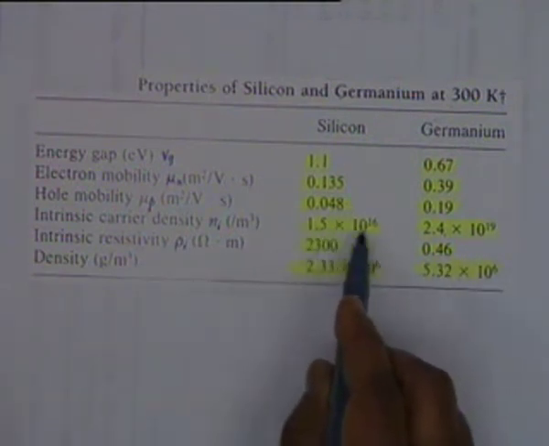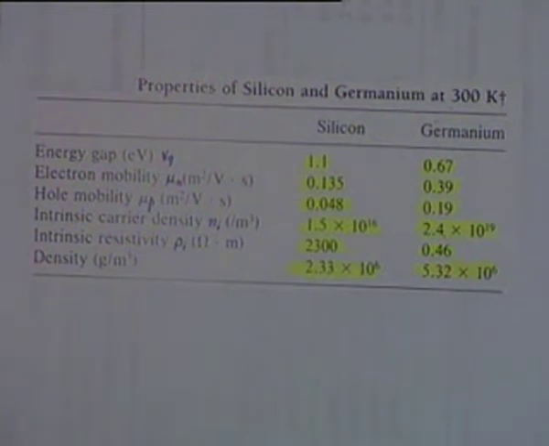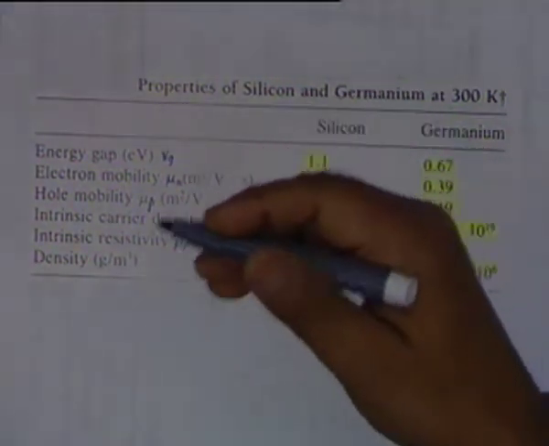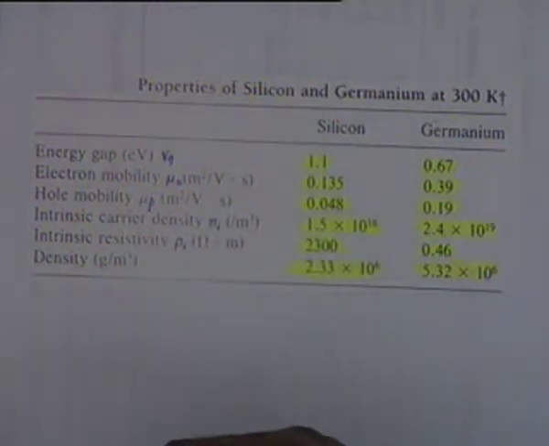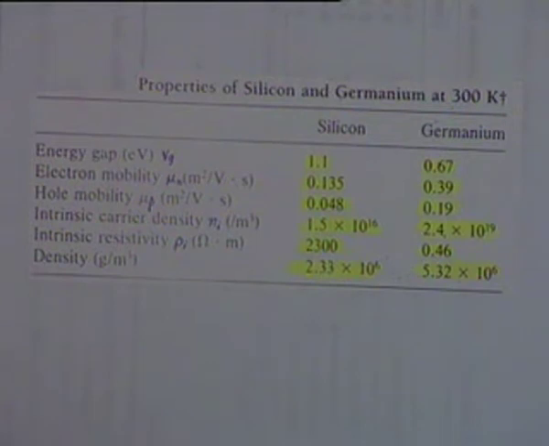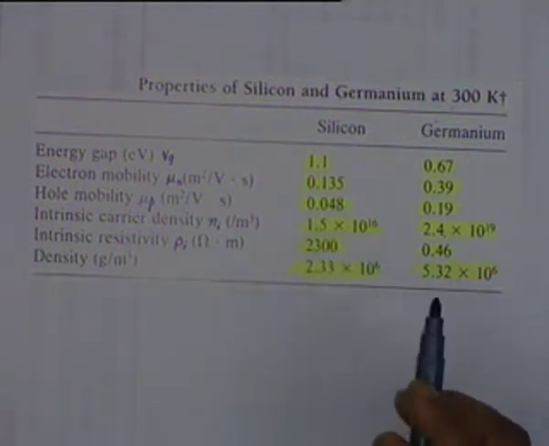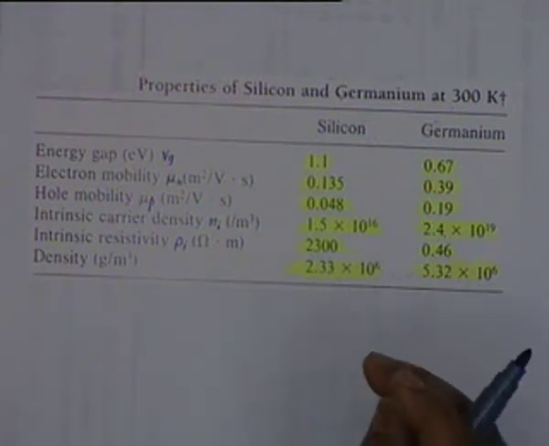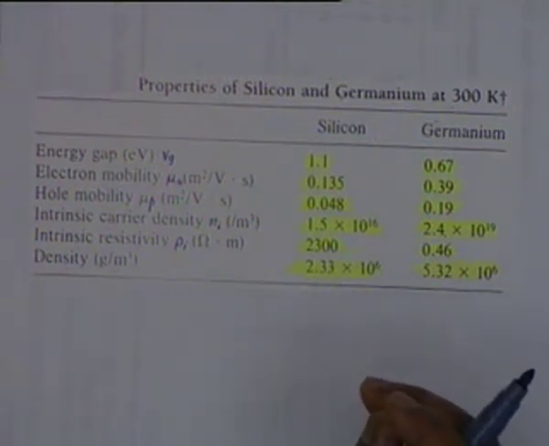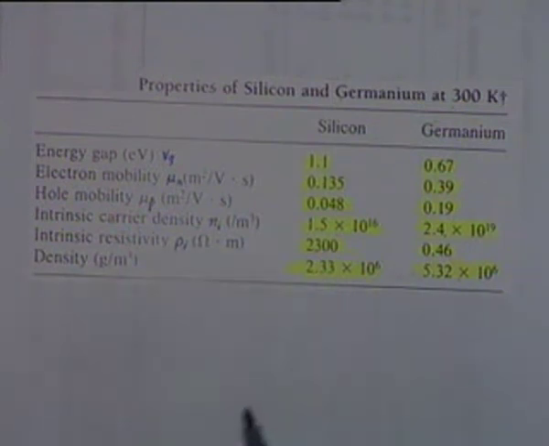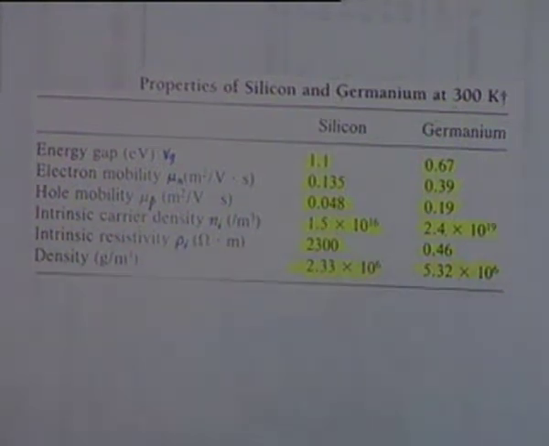what is the number of atoms per unit volume in silicon? Well, we can make a similar calculation as we did in the case of copper. Avogadro number divided by atomic weight divided by density, and that comes of the order of 10 to the 21, which means that for every 10 to the 5 atoms of silicon there is one hole or one electron.